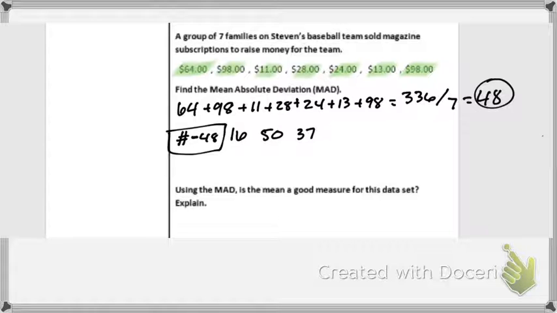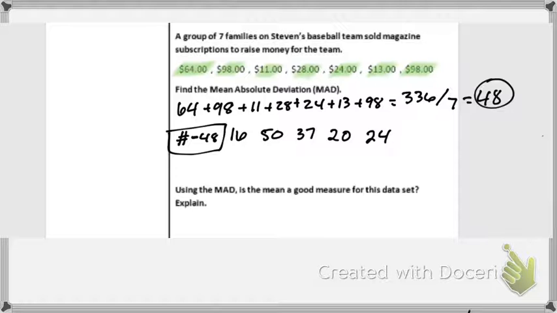Then we got 28 minus 48, negative 20, so I'm going to change it to a positive 20. 24 minus 48 is negative 24, so I'm going to put positive 24.